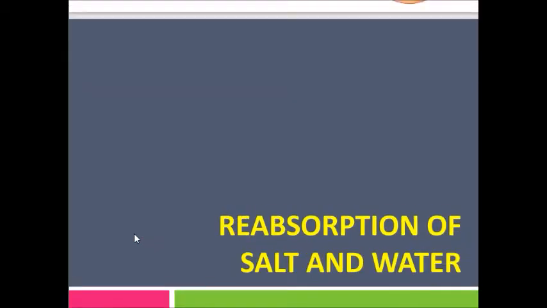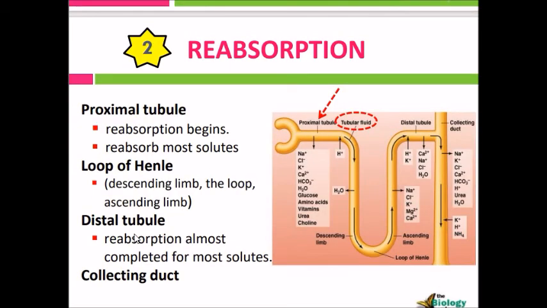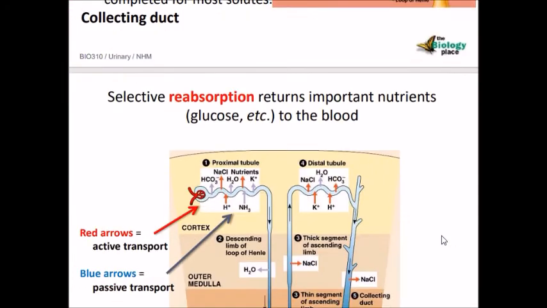So next is reabsorption of salt and water. Reabsorption of salts and water happens in the proximal tubule, distal tubule, loop of Henle, and also at the collecting ducts. Meanwhile, filtration only occurs at the renal corpuscle.